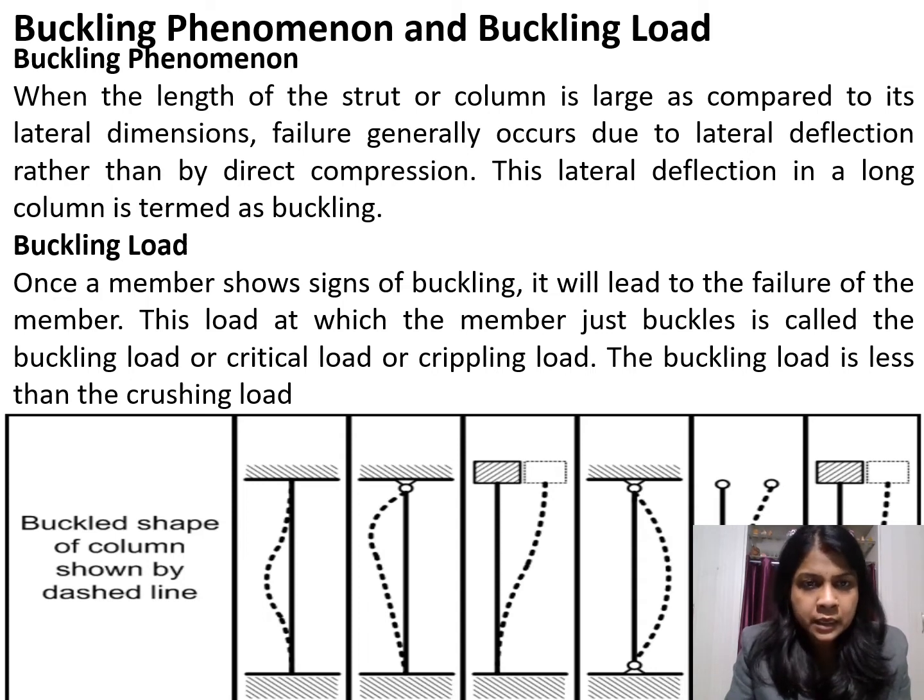Here we can see some shapes of the columns in various conditions. In the first case, these are the shapes of the columns after buckling, or these are called the deflected shape of the column. In the case of a column fixed at both ends, you can see in the first picture how the deflected shape looks.